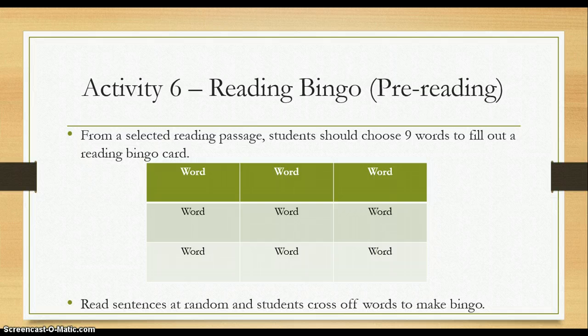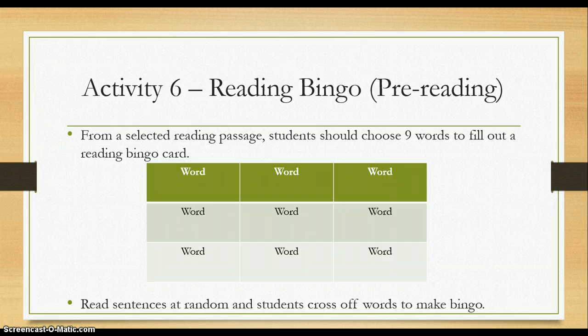Activity 6, reading bingo. This would also be a pre-reading activity, so if you give students a reading passage and then give them a blank bingo card, they should go through the passage and just select 9 random words to put onto the bingo card. Once they have it filled out, you would read sentences from the passage aloud.